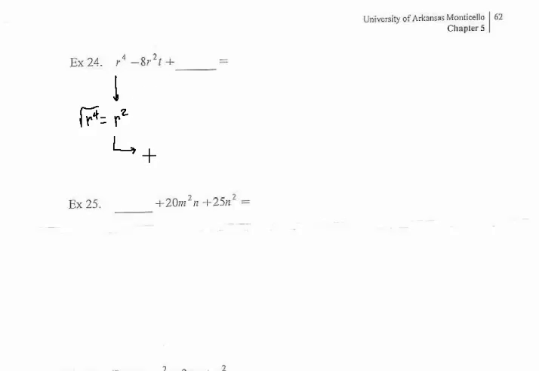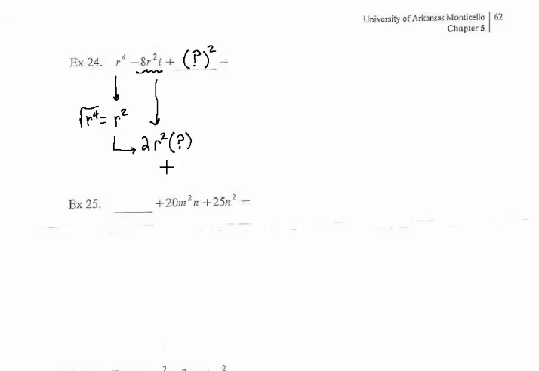Now, we know that this middle term is supposed to match 2 times the first square root times the second square root, but we don't know what that is, so I'm just going to put a question mark there. So in other words, this term is going to be some number or variable squared.